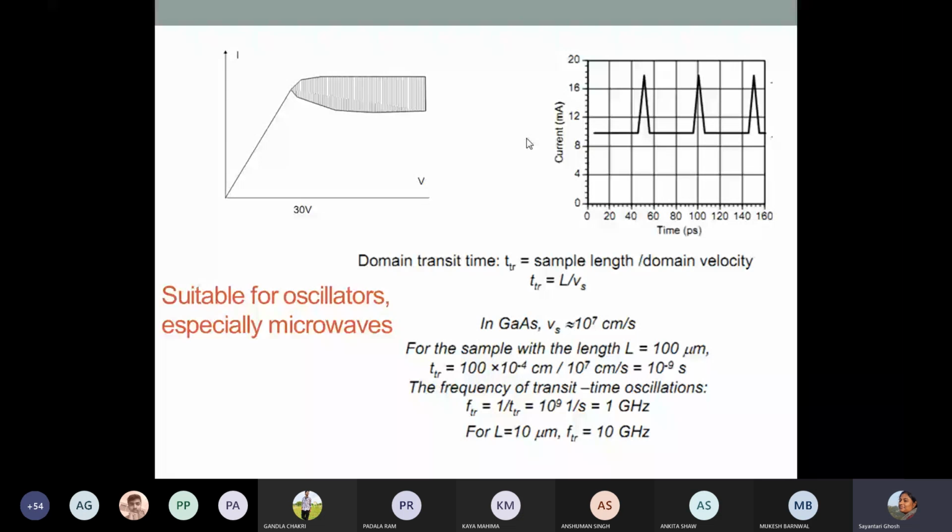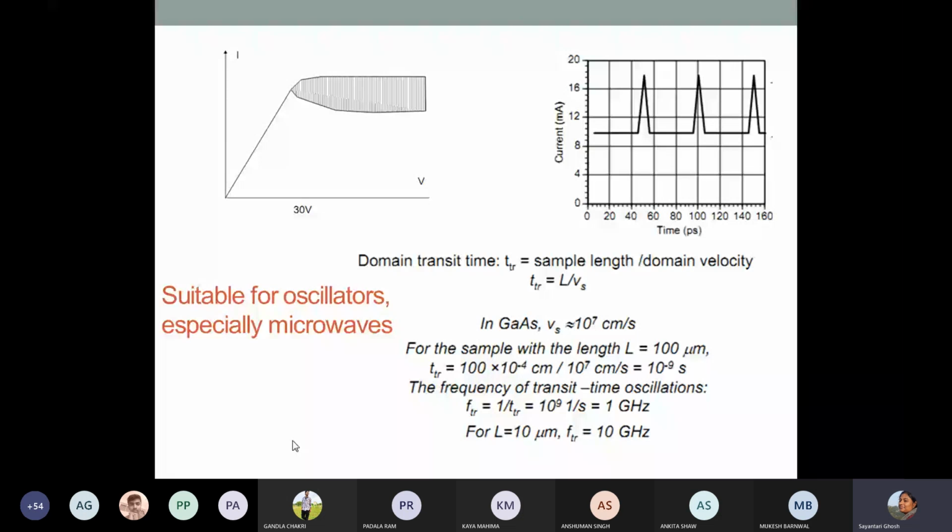So that is why these devices are very suitable for making oscillators. I already told you that negative resistance means they can be made into a generator where the power can get generated at the device, and they are very suitable to make oscillators, especially microwave oscillators.